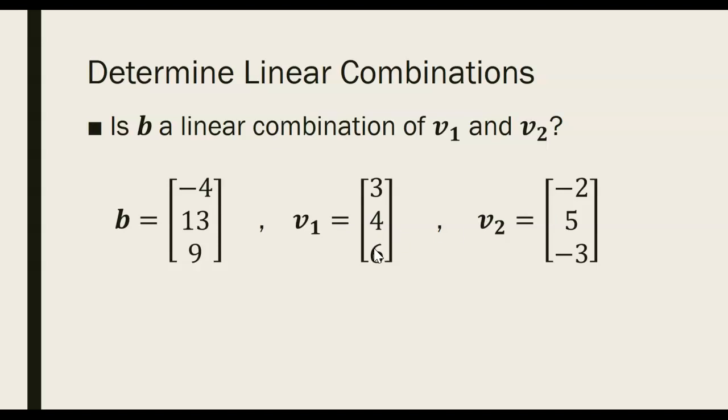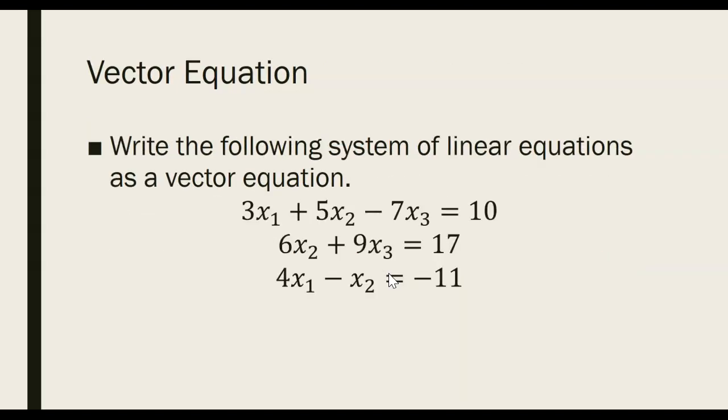But there are a lot of other vectors that would be in the span. For instance, (3, 4, 6) as a vector is in the span because I can put a 1 as a coefficient of v1 and a 0 as a coefficient of v2, add them together and you get (3, 4, 6). So there's going to be a lot of vectors in the span.